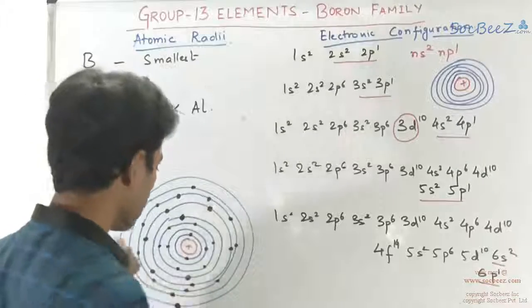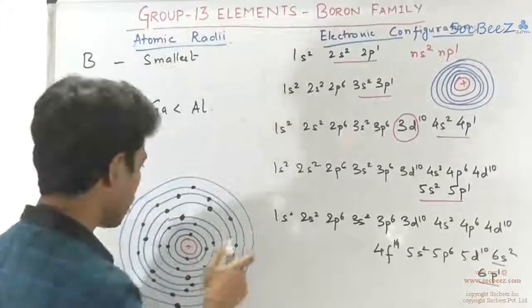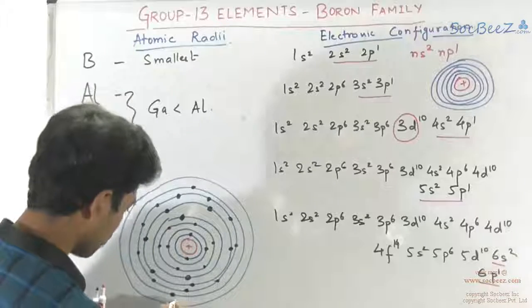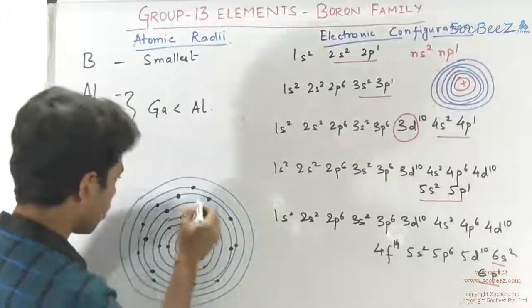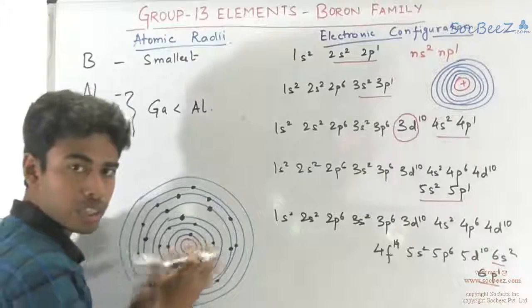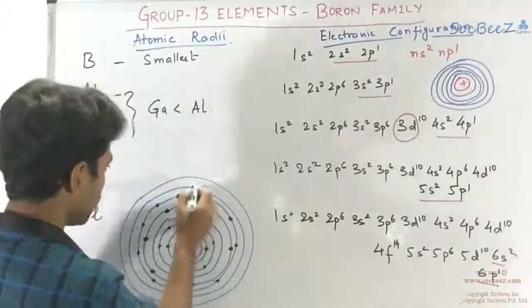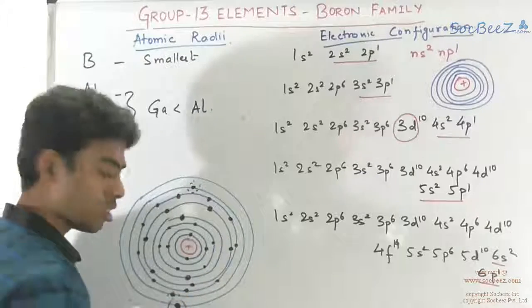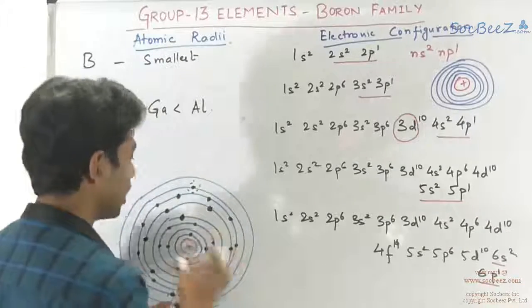So these spheres protect the outermost electrons. Each sphere inside will protect the electrons outside.